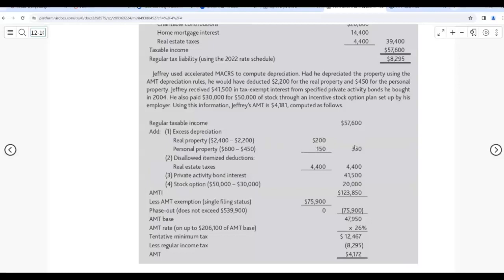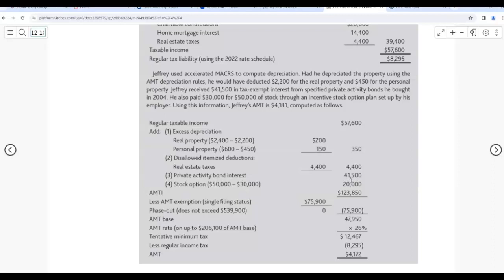So we add them up, 350, and add it to 57,600. Disallowed itemized deduction: real estate taxes are disallowed for this purpose, and we add it back. Private activity bond, yes, I know it's tax exempt, but it's income no matter what, right?